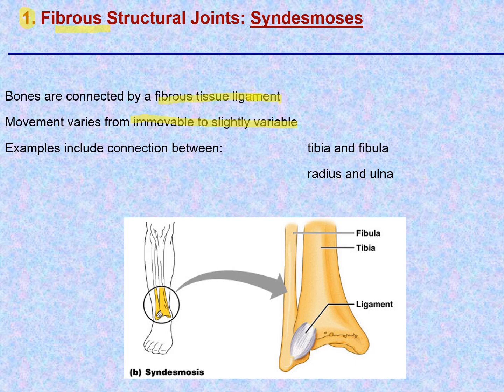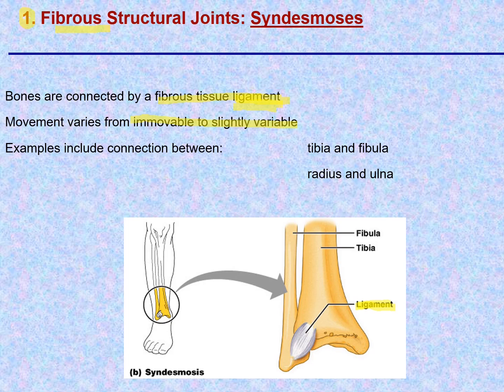Ligaments, I want to emphasize, join bone to bone, and here you can see an example between the fibula and the tibia at the bottom of the lower leg. Ligaments join bone to bone. Tendons join muscle to bone.